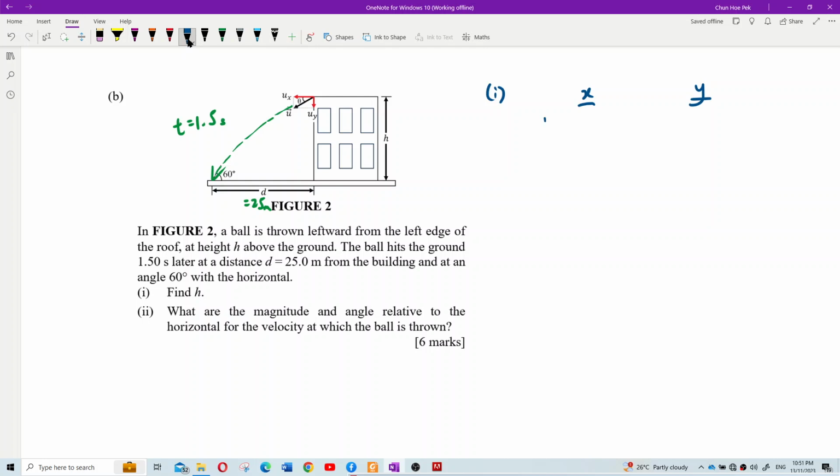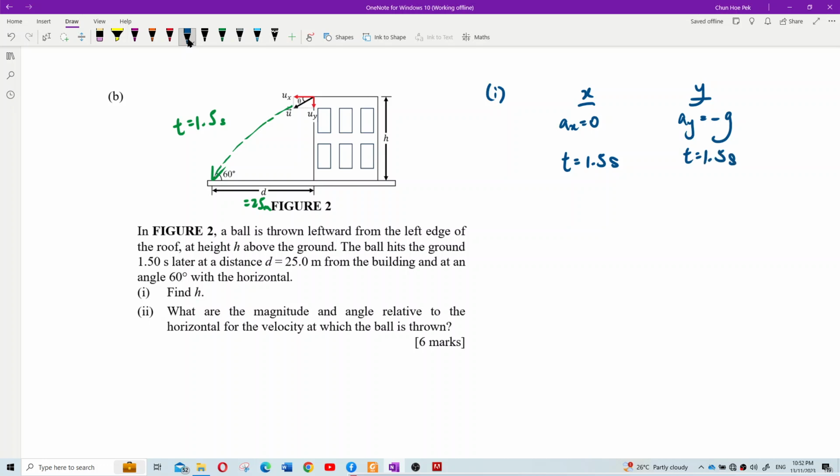First of all, what we know is ax equal to 0, ay equal to negative g. This thing you must know. Time taken is also given to you, 1.5 seconds. This one also 1.5 seconds. Both at the same time.